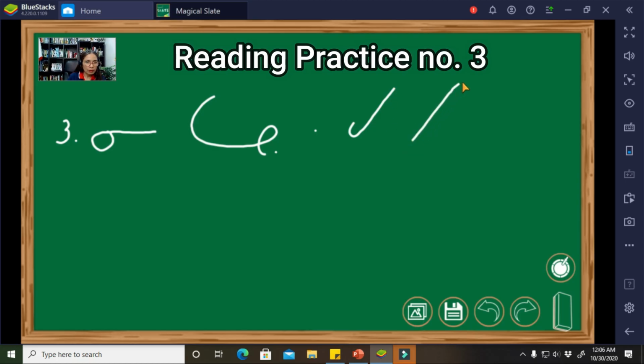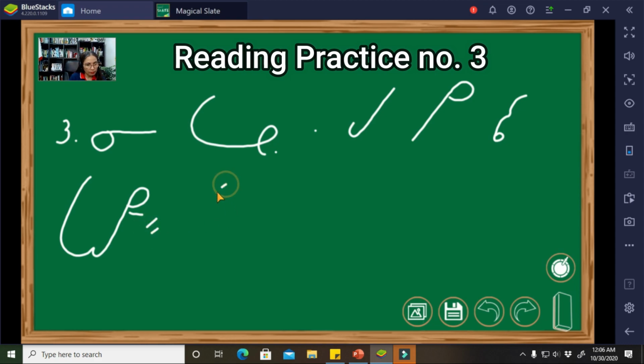This is our lesson a while ago. Brief form, another brief form. So that is a phrase. Then dash underneath the vowel.